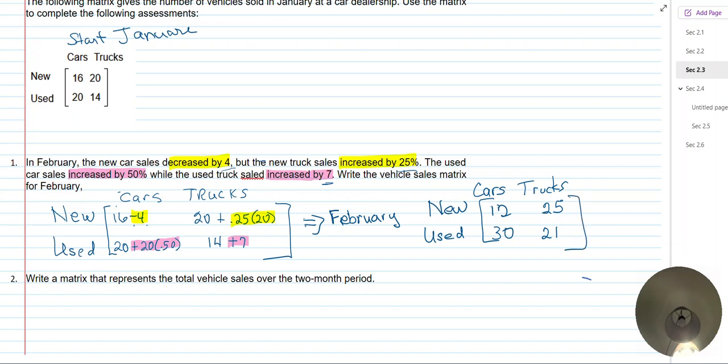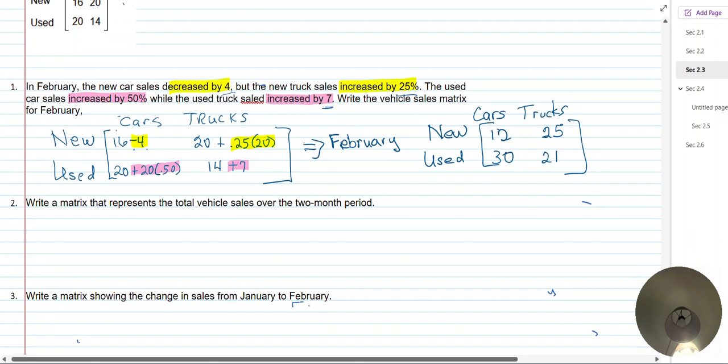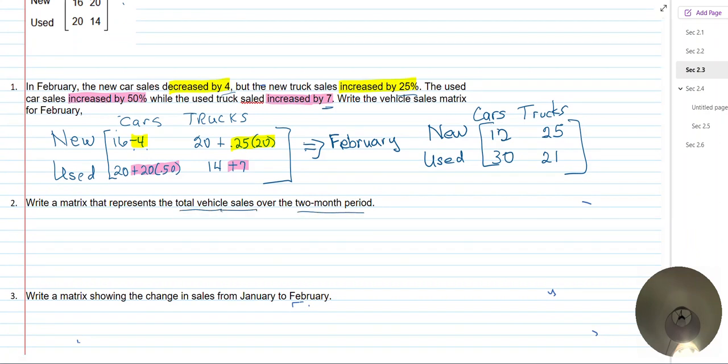So these are the records. Now remember, this is January up there. This is February. Write a matrix that represents the total vehicle sales over the 2-month period.